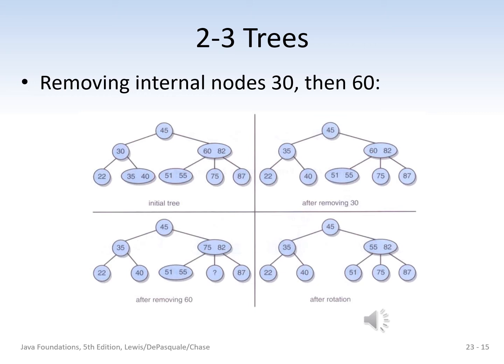So removing that is going to require a swap. We're going to do a transfer, rotation, whatever term we're using. 35 will swap with 30, and that will leave us with 30 being replaced with a 35, still a 2-node, with two children that are both 2-nodes.